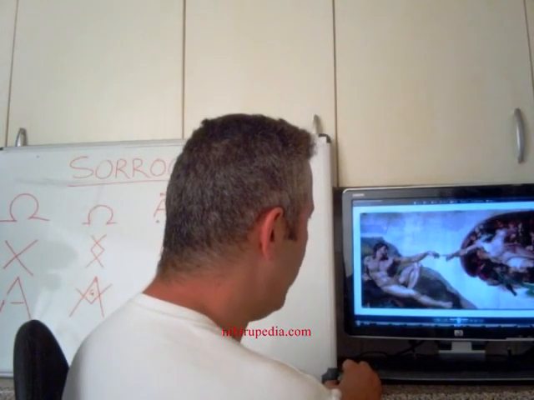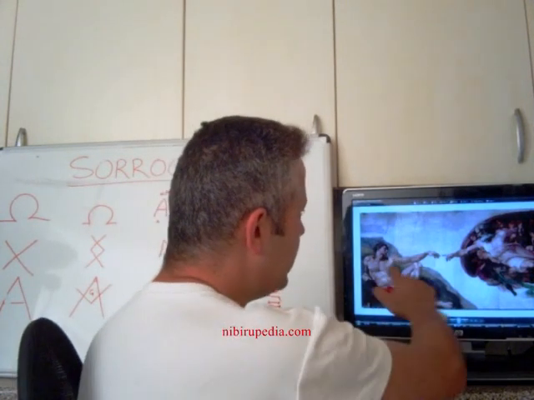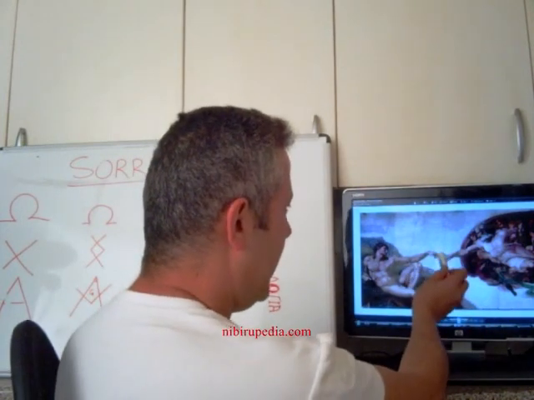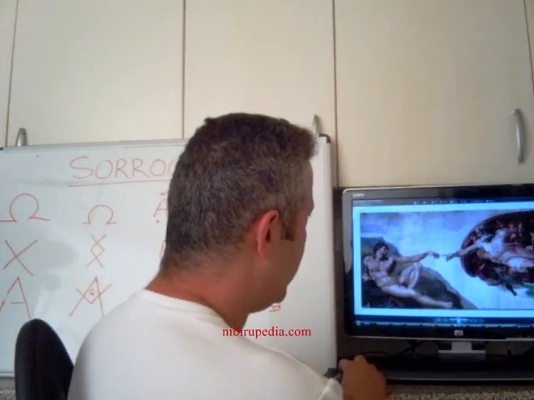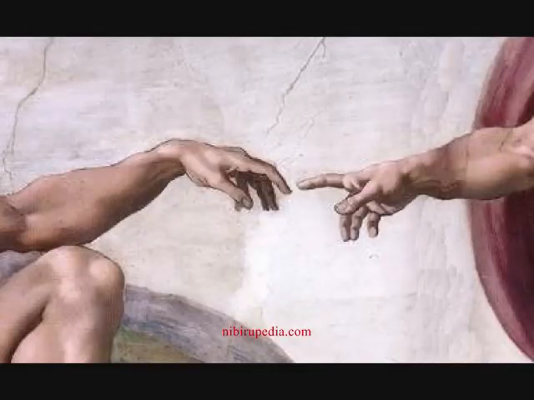So we've got a pyramid, which is an alpha, and he's drawn his hand over his knee in a serpent type posture, and he's making the Masonic letter M as we know it here. Both the so-called Adam figure and the so-called God figure are making the so-called Masonic M.